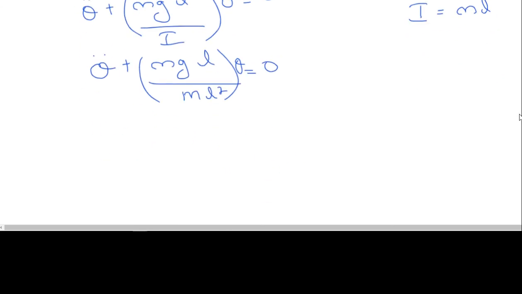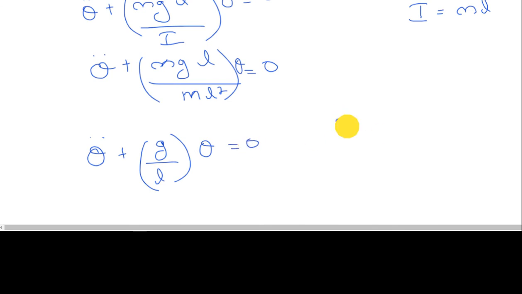The m and m get cancelled, so what will be left is g by l. Theta double dot plus g divided by l times theta is equal to 0.